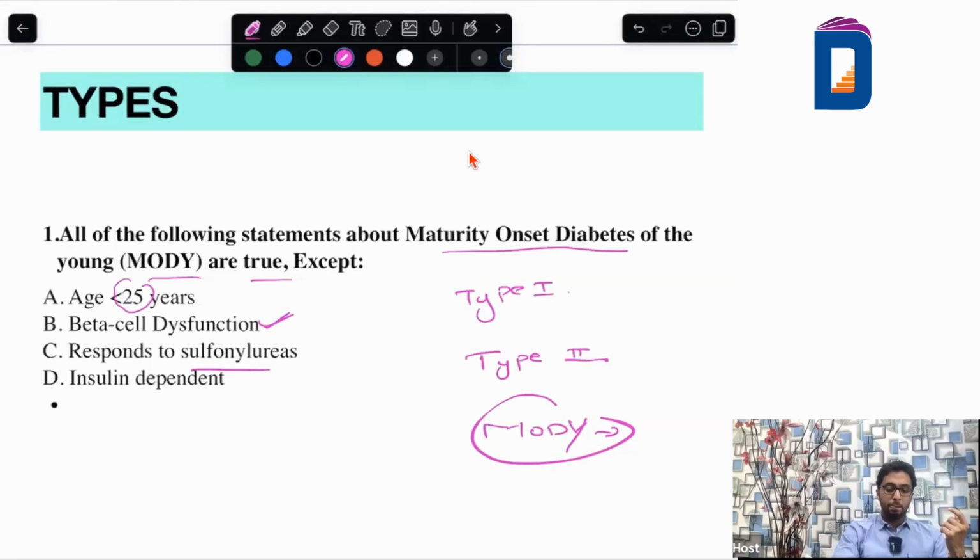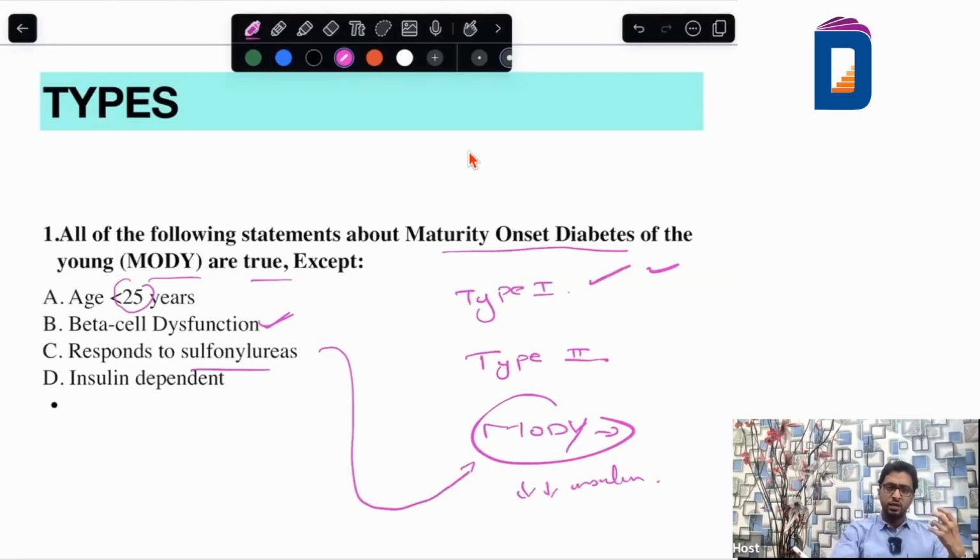So basically, in MODY you have very little insulin, like type 1. In type 2, you have insulin, but it is dysfunction. The function is affected. What sulfonylureas can do is increase the insulin secretion by the beta cells.